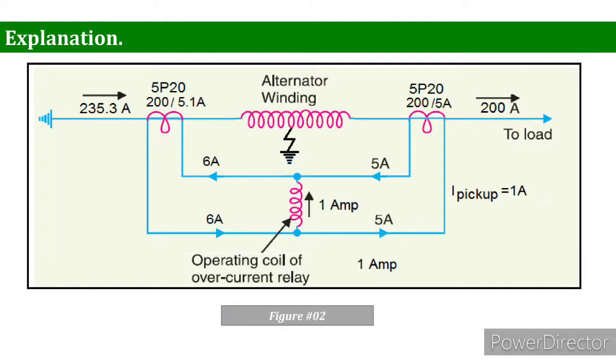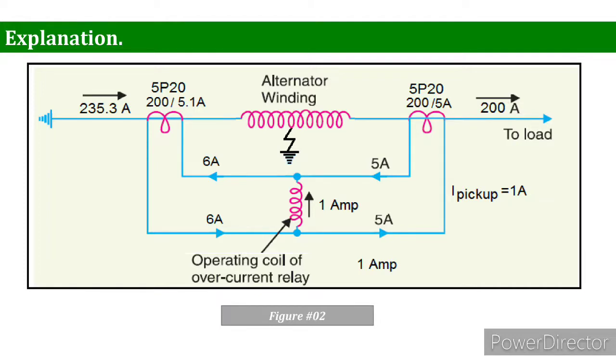Now this condition is absolutely false, because this is due to mismatch. The relay will trip, even though it is a mismatch of even 0.1. So this problem causes early tripping, and we can also say that it is a false tripping.